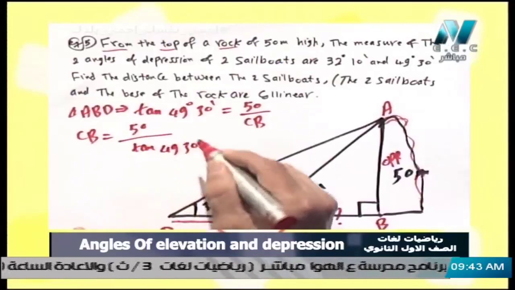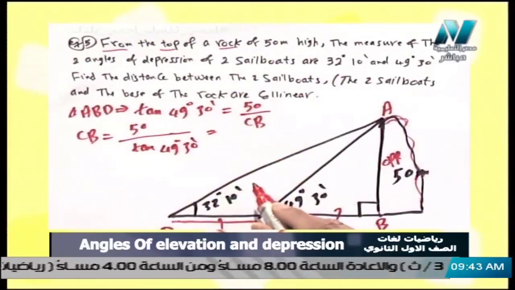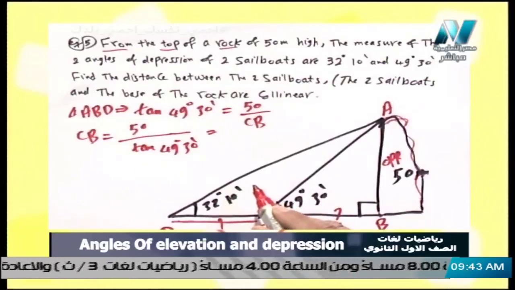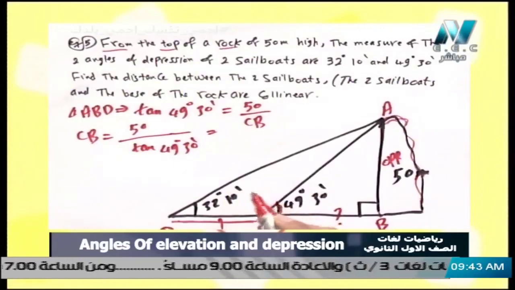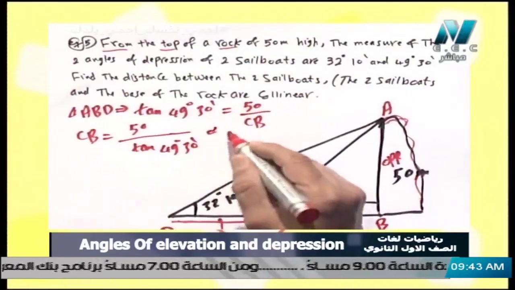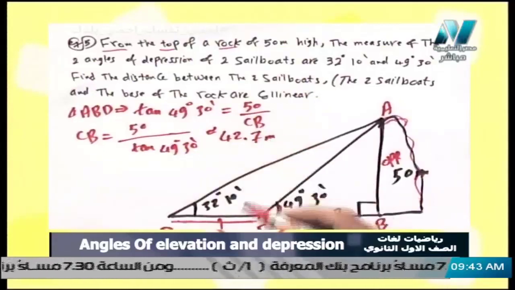By calculating this, you will find CB equals approximately 42.7 meters.